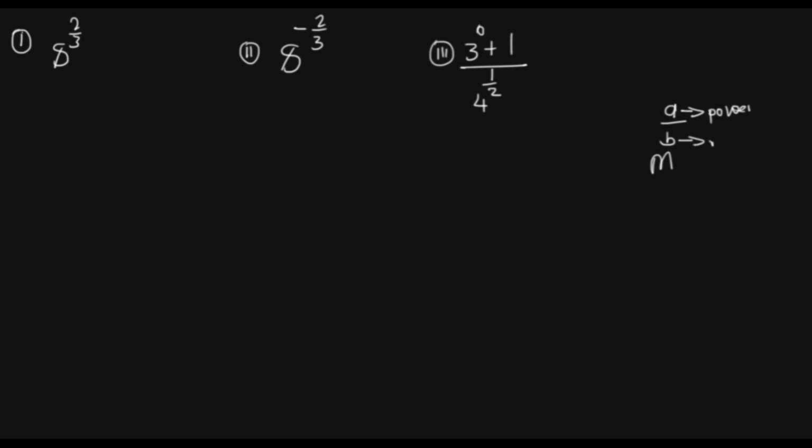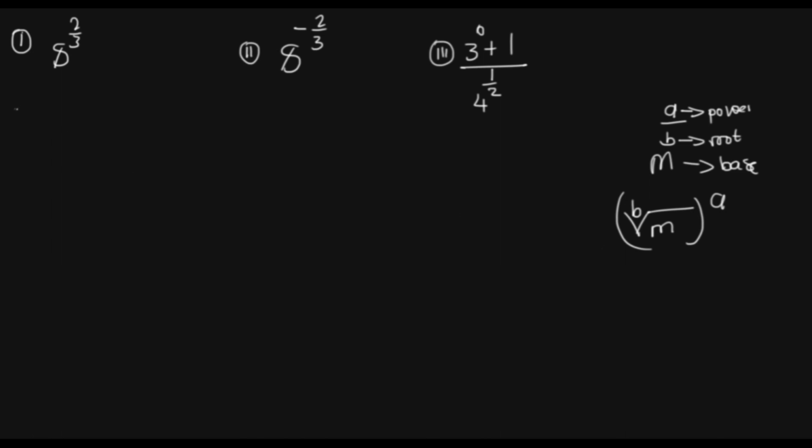Then our b is known as the root. So this can be expressed as the b-th root of m, where m is the base. The base should always be written under the root symbol. Then here you put the root, b, and everything is raised to the power a. So that is the formula we use whenever we are dealing with indices with fractions.